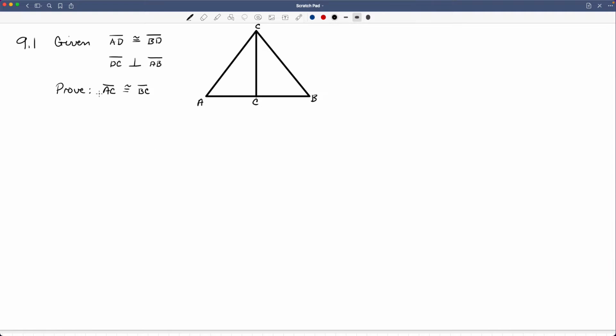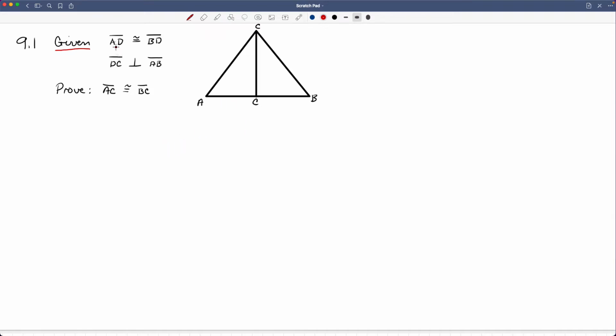So here I have what is given, the information that we're given about our figure here, and then we have what we're being asked to prove. So before we get started, I'm going to switch colors, and you don't have to do that. That's just something I like to do to show my givens before I get started. So my givens are going to be in red.